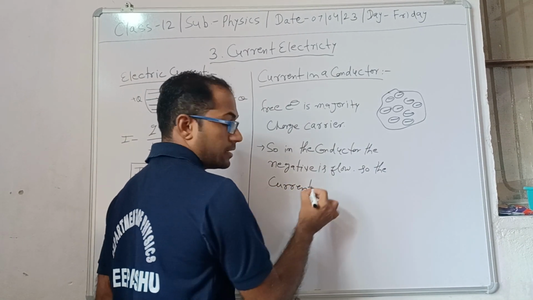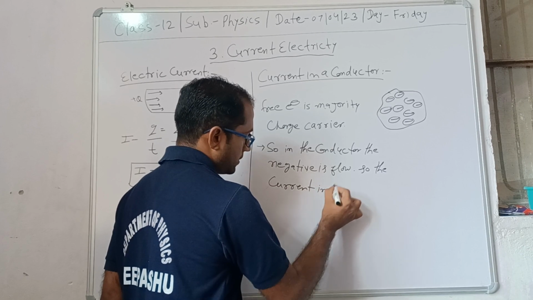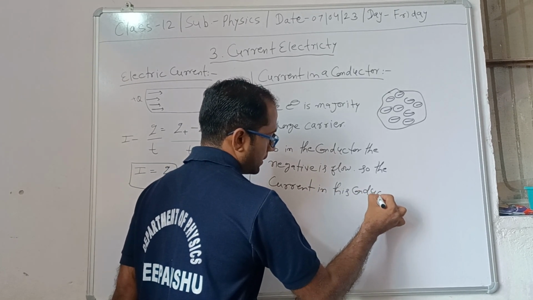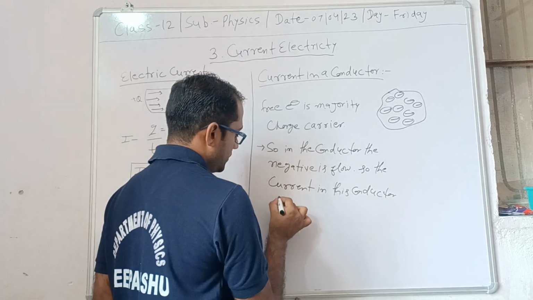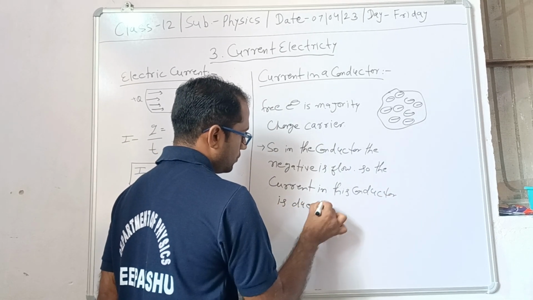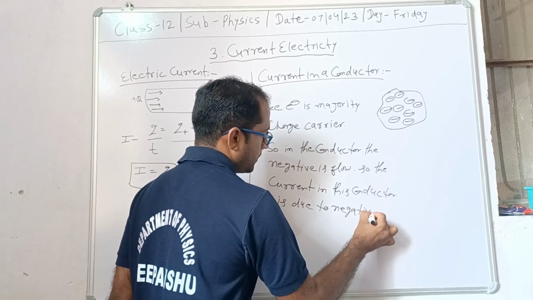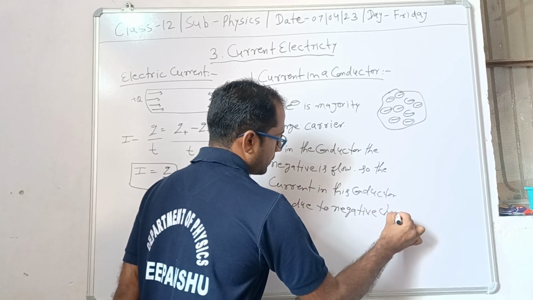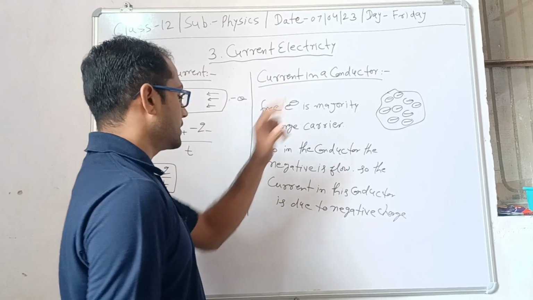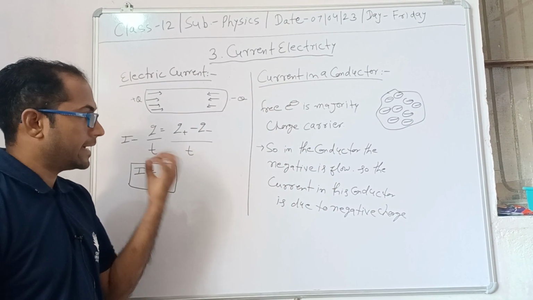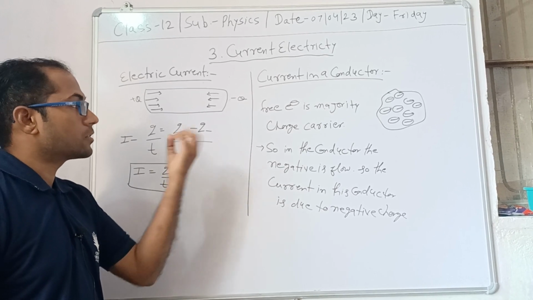So the current in this conductor is due to negative charge. Only in this conductor do we know that the current flows due to negative charge, because electrons are the majority charge carrier.